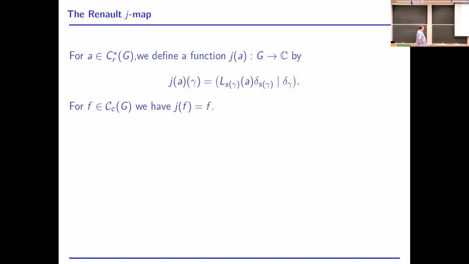They're limits of functions, but we can use these left regular representations to construct an analog of the Renault J-map for a non-Hausdorff groupoid. So for every a, we can define a function J(a) from G to the complex numbers by this inner product. And in particular, if you started with something in curly C_c(G), we have that J(f) just gives us back that f.